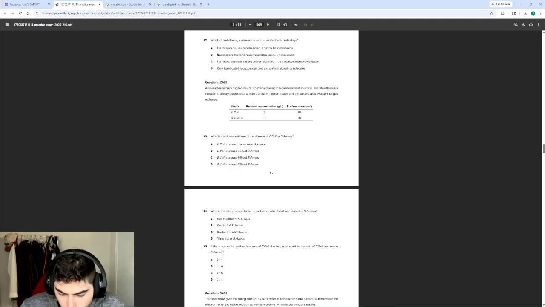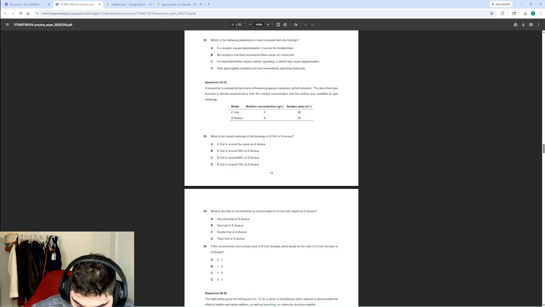Alright, maybe we can do it like this. How much bigger is 6 to 3? It's half as big, so it's 50% as big. S is 50% bigger. How much smaller is 20 to 30? 1/3 is 1/3.